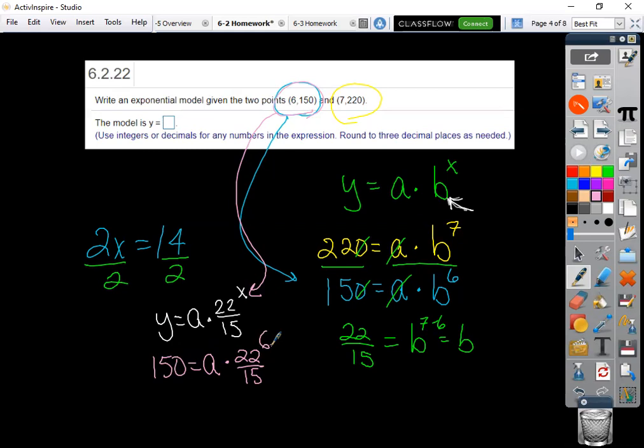So now I can work this out. I'm going to just divide both sides by this, and that'll leave my a alone. And then when I put it together with the 22/15 I found for the b, I'll have my final answer. So 150 divided by that, that's just calculator work.